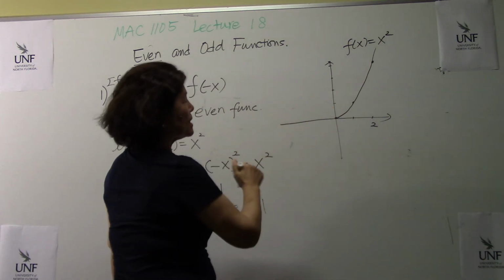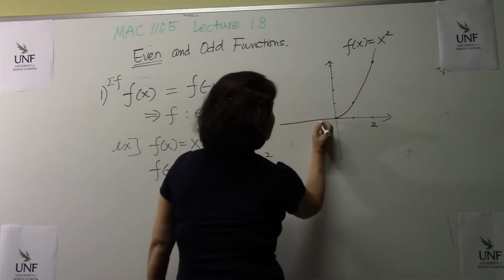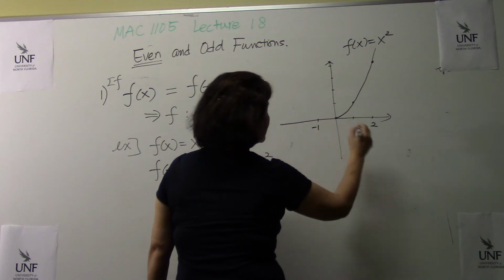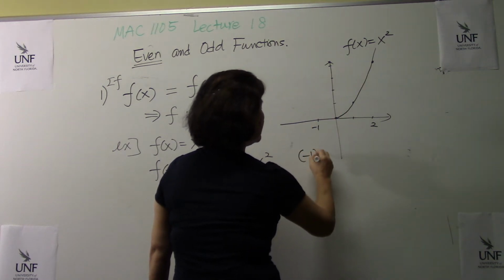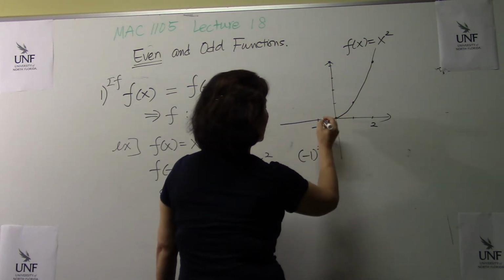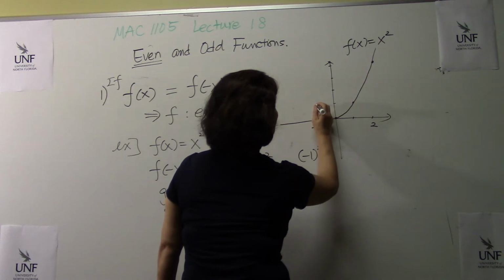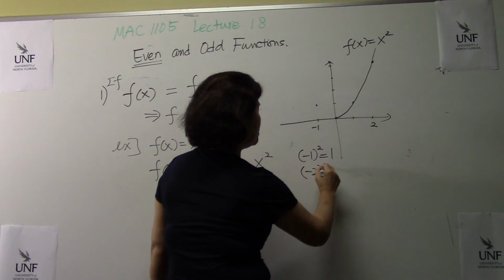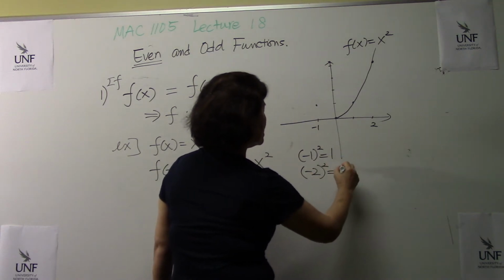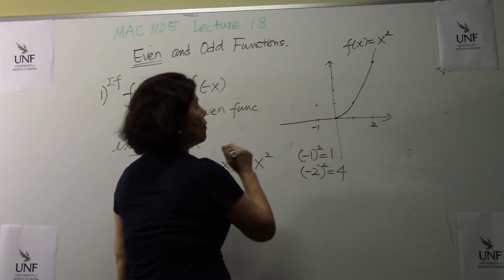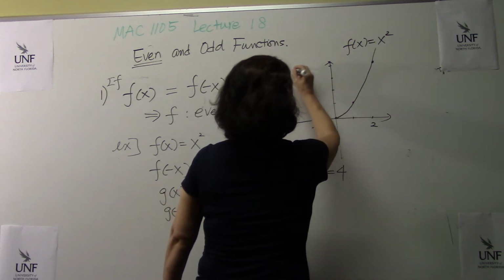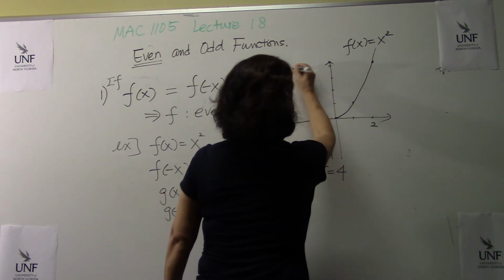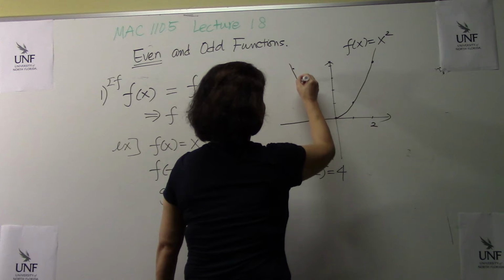What about the other side? Same thing. When x equals -1, -1 squared is positive 1. Therefore, it's going to be the same point over here. And when x equals -2, -2 squared is again positive 4. So you have a graph that looks like that.